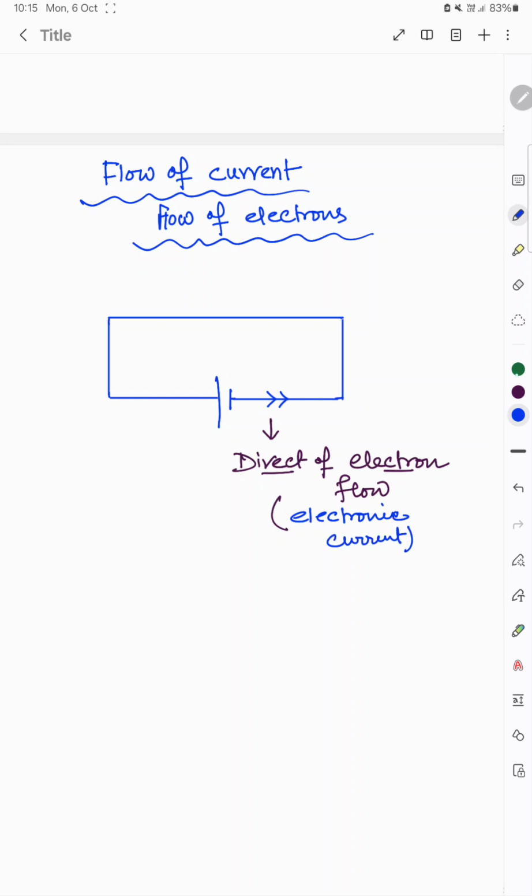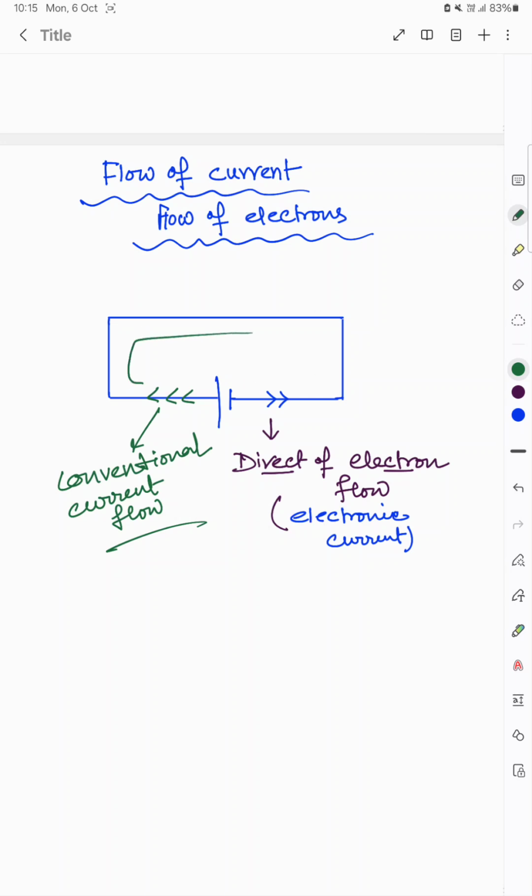And the conventional current flow, this is the conventional current flow. It is always happening from the positive side to the negative side.